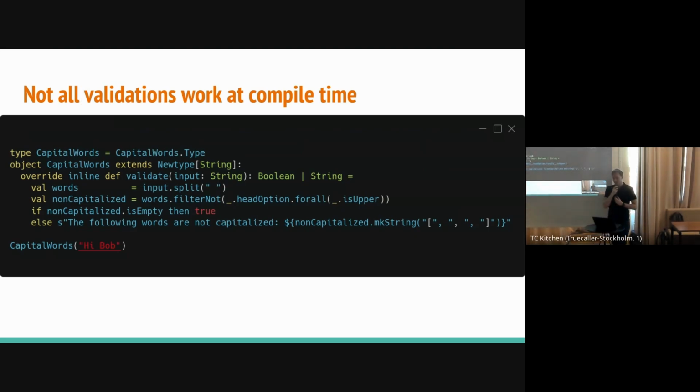But I tried to create my own refined newtype. So this was in Neotype. I tried to have something that checks a string and checks that every word in the string is capitalized. But it doesn't always work. It says that you can just write plain Scala code, but it doesn't always work at compile time.